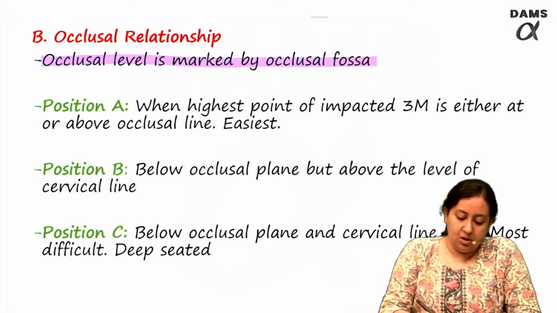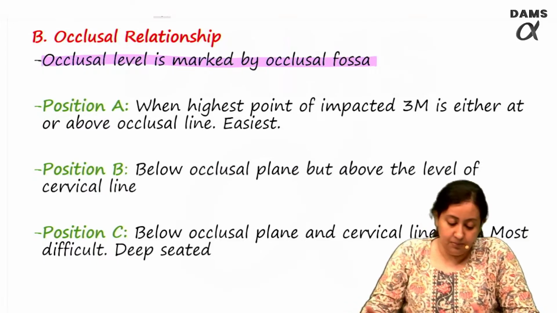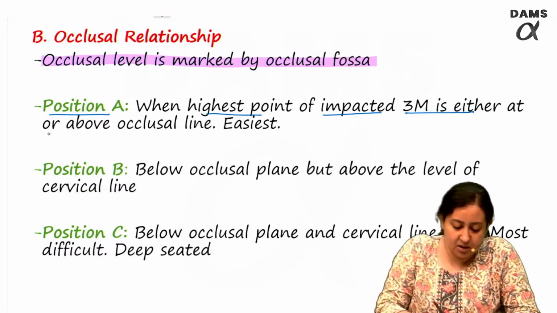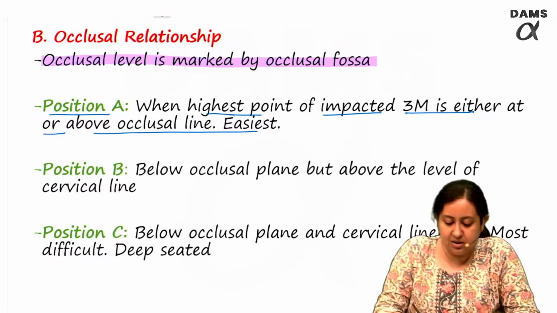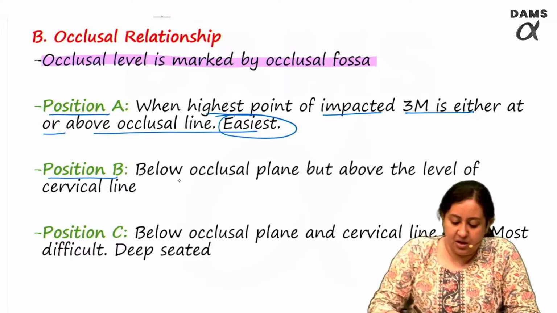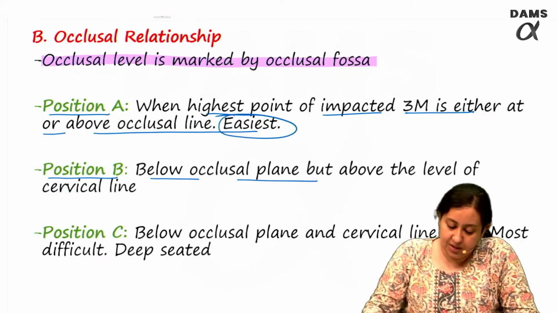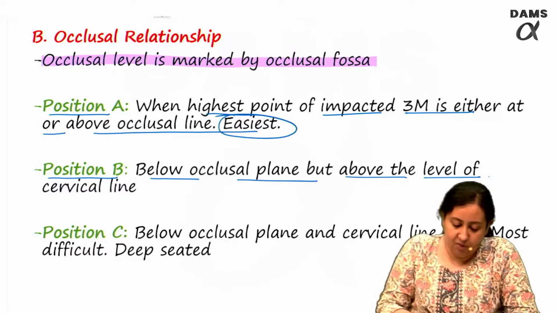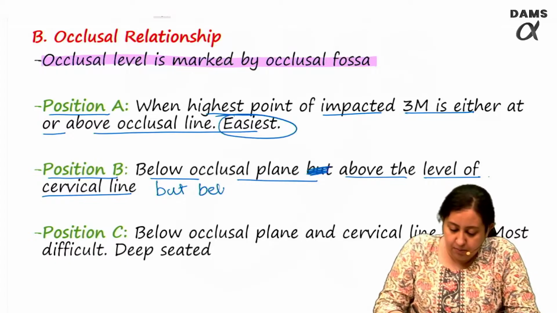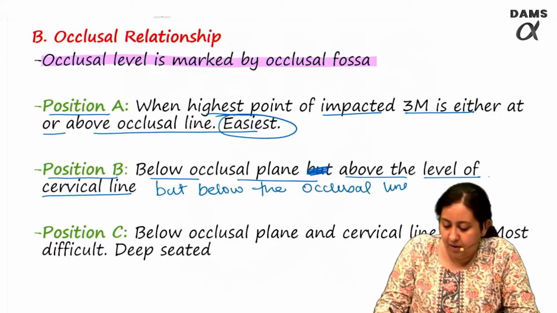Okay. Now let's quickly go through. So occlusal relationship is divided into position A, position B, and position C. Position A is when the highest point of impacted third molar is either at or above the occlusal line, and this is the easiest. Position B is when the highest point of impacted third molar is present above the level of cervical line but below the occlusal line.